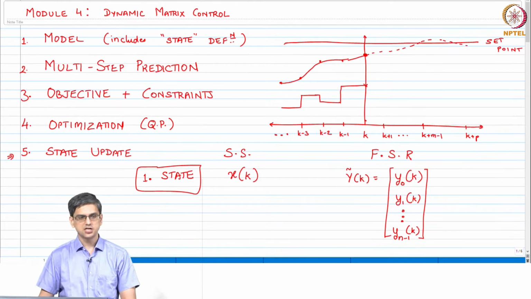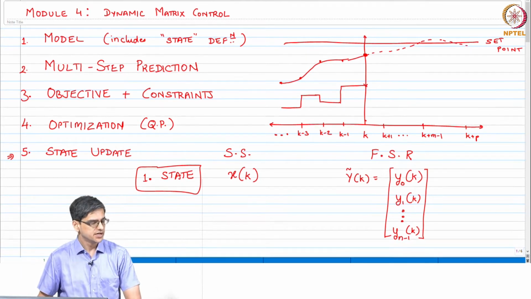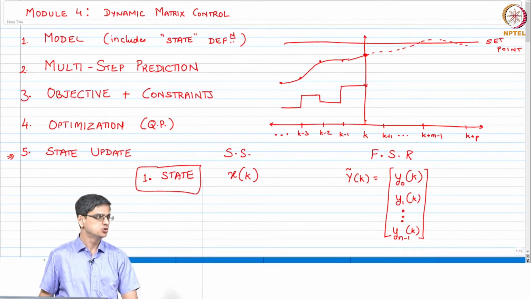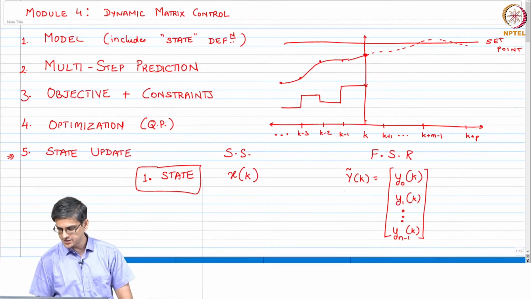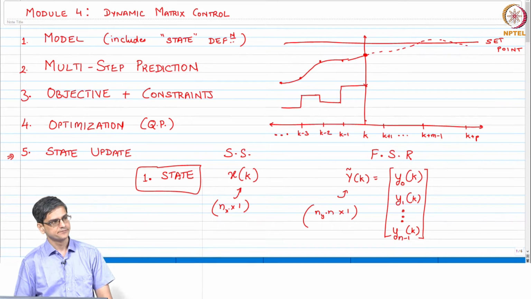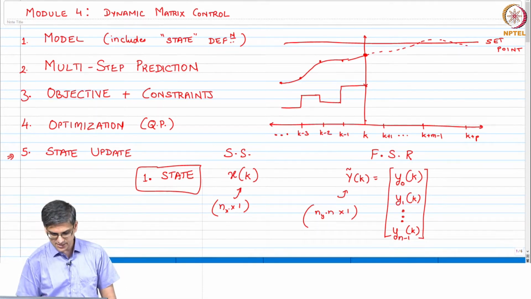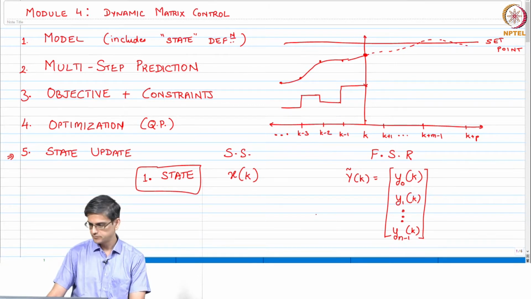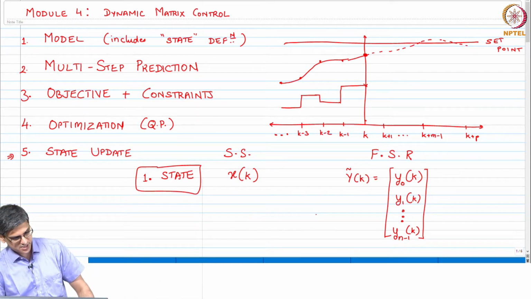In general, your x is n dimensional, your y is ny dimensional, your u is nu dimensional. So your y tilde is an ny times n by 1 dimensional vector. This one we can call an nx by 1 dimensional vector. We are not saying that these are SISO. In general, these are multi input, multi output systems that we are talking about. So this is our state definition.